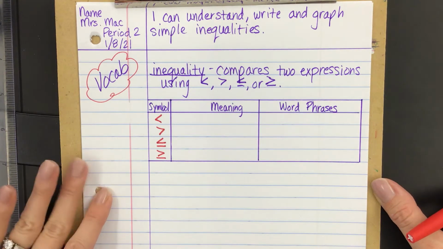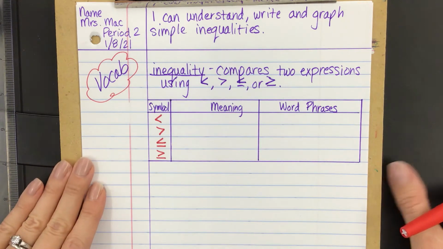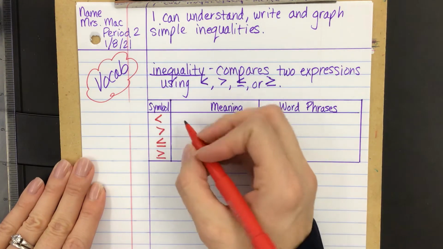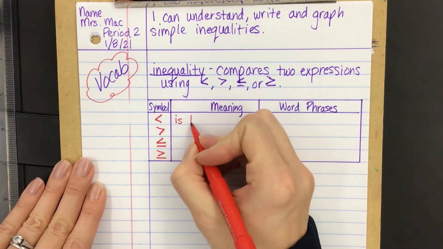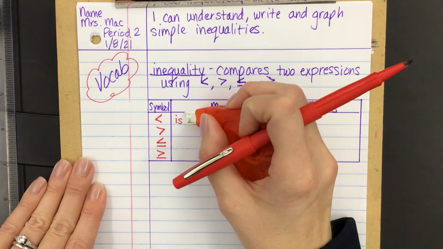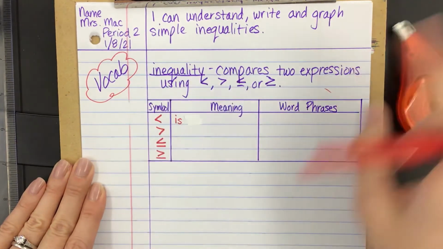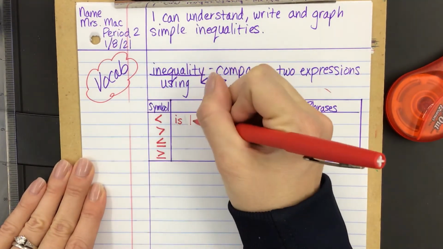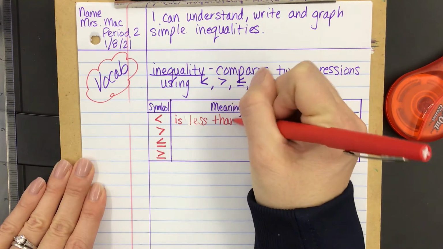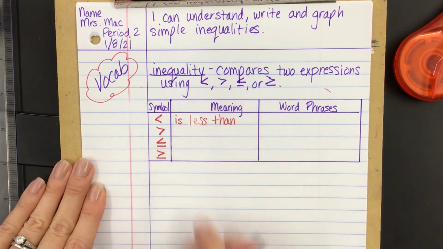Now I'm going to write the meaning down here. This is just going to help you remember what each symbol means. We read this symbol and say is less than. Okay. So when you see that symbol, that is less than.